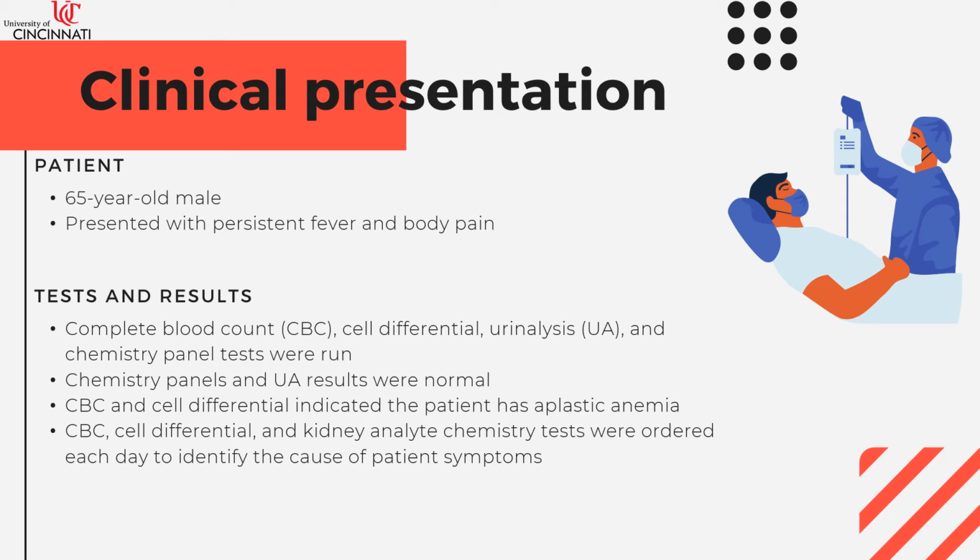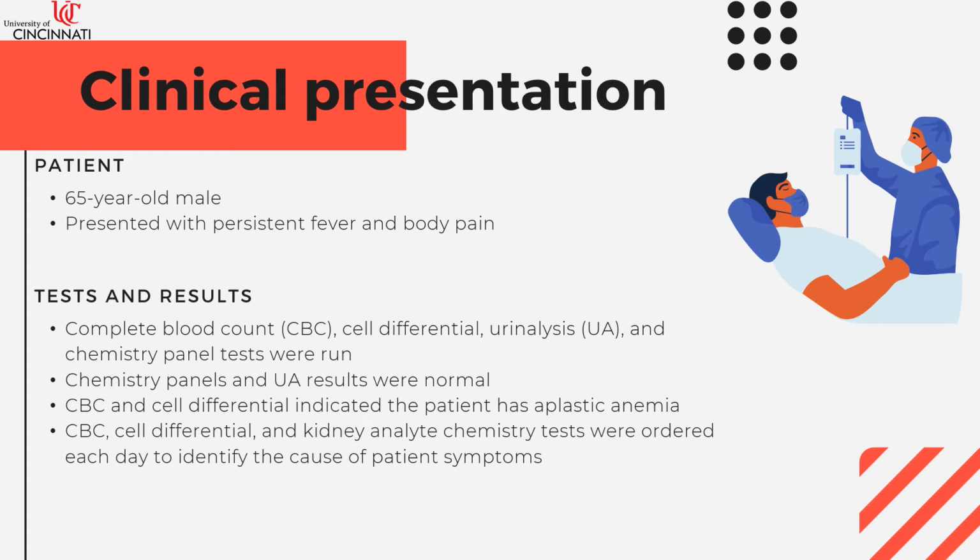One example of delayed diagnosis and treatment was seen here in Cincinnati at UCMC in a 65-year-old male patient who presented with a persistent fever and body pain. These symptoms are vague and could indicate many conditions, so standard screening tests, including a complete blood count, CBC, cell differential, urinalysis, and chemistry panel tests were run on the patient.